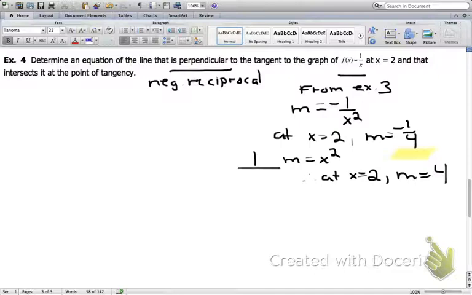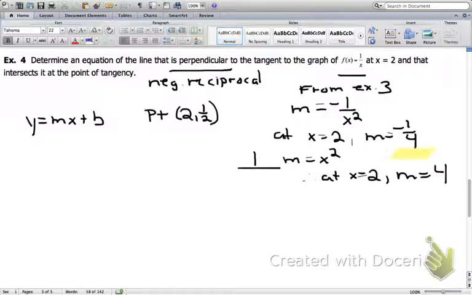So since we know that information, we can use that to find what our equation would be, which is y equals mx plus b. We're going to use that point that we found in our previous example, 2, 0.5, because both our first line and our perpendicular line are going to share that point, so that will be their point of intersection.